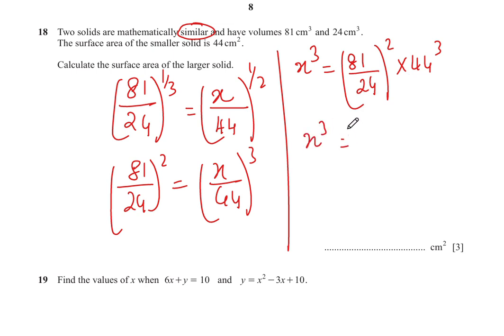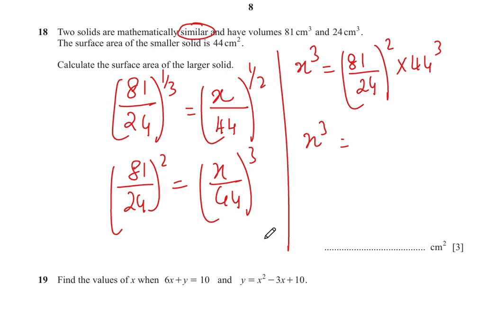So use your calculator for solving this. Directly you can do that: 81 divided by 24 the whole square, multiplied by 44 cube, and taking the cube root of that also directly.